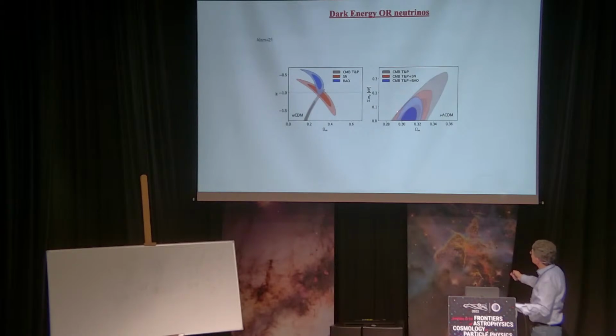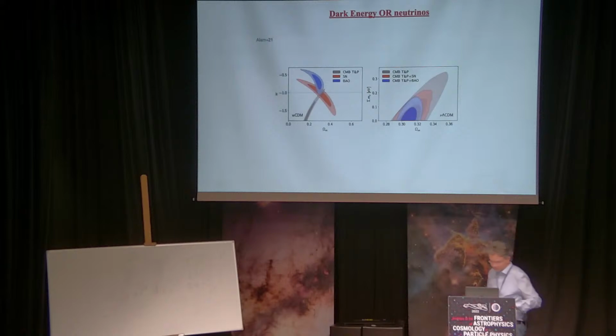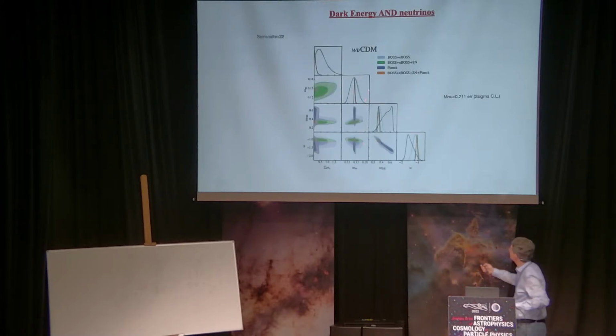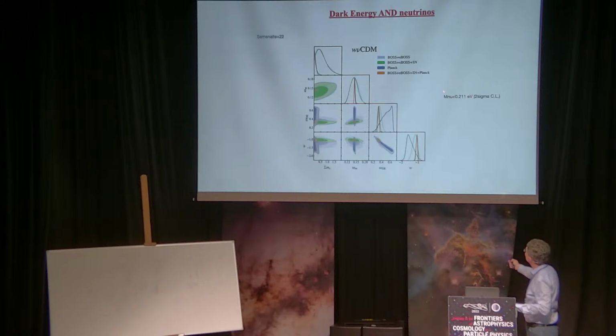And they work also reasonably well for the neutrinos, in which you see that if you complement supernovae with the BAO, you get squashed in this part of the parameter space in which you are consistent basically with 0. This is dark energy or neutrinos, but you can have also dark energy and neutrinos, like in this slide, from another paper. And in this case, the 2 sigma upper limit is 0.2 electron volt, which is remarkable, I would say.